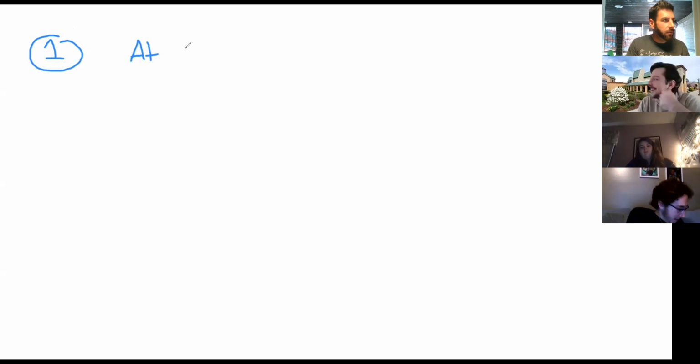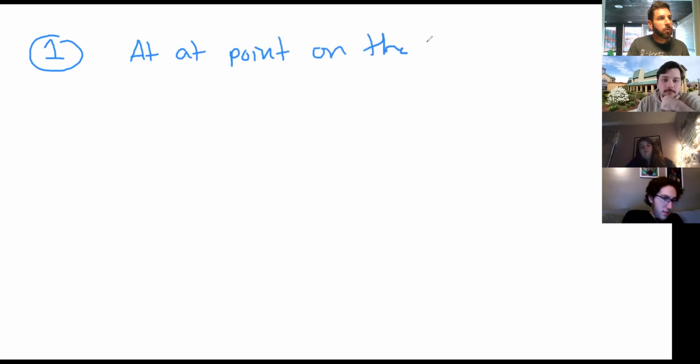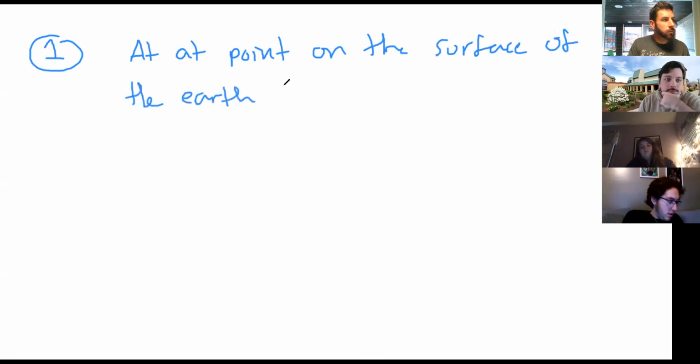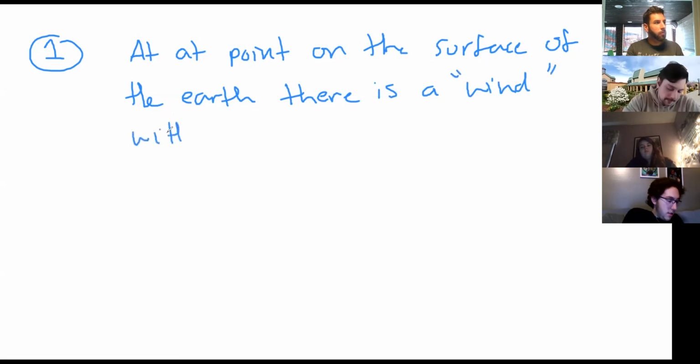So at any point on the surface of the earth, there is a wind, with a speed and direction.